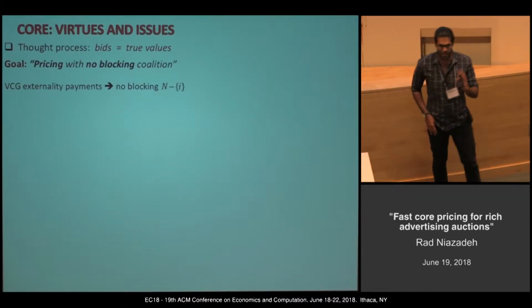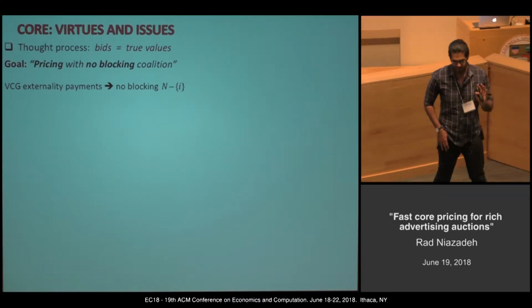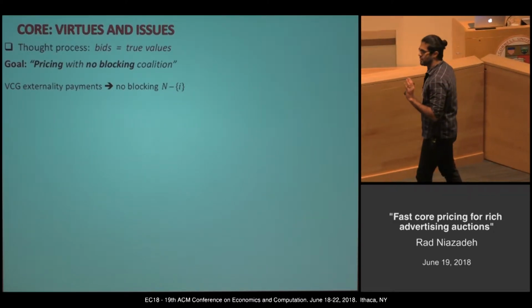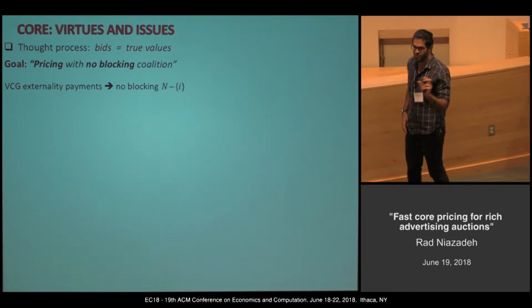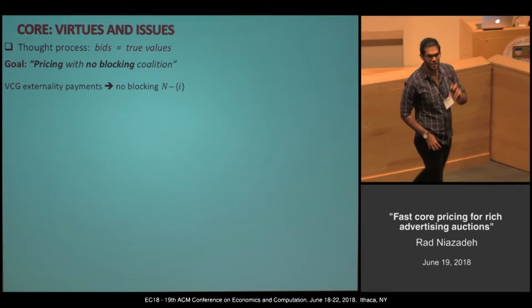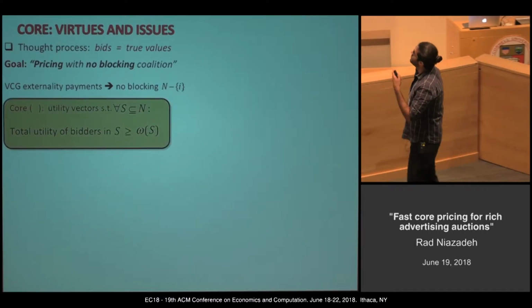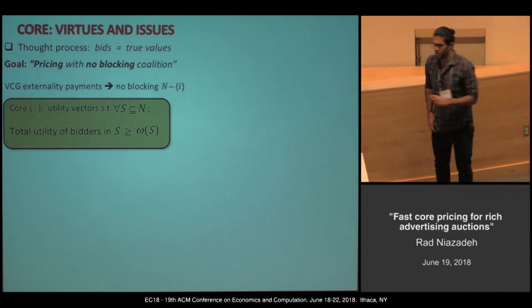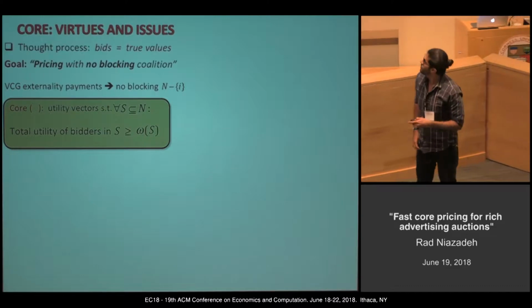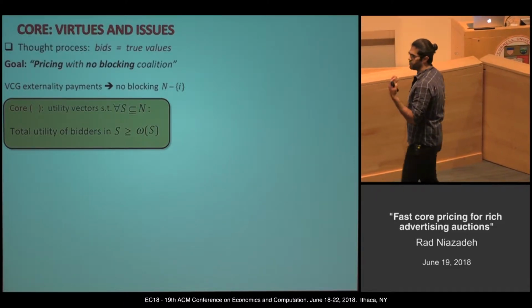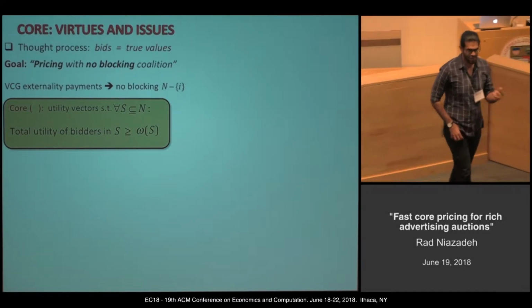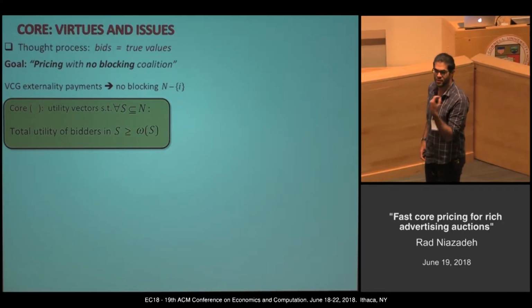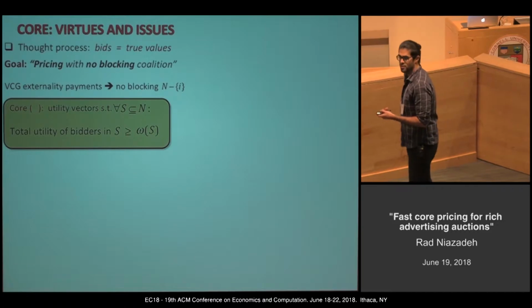What would be a set of prices so that if you charge those prices, then the bidders won't have any incentive to form a blocking coalition with the seller? Meaning that if you focus on a particular subset of the bidders, then you need the total utility that they get from the auction plus the utility of the seller to be at least the maximum welfare that they would get by forming a blocking coalition.